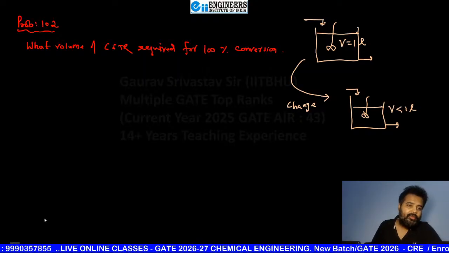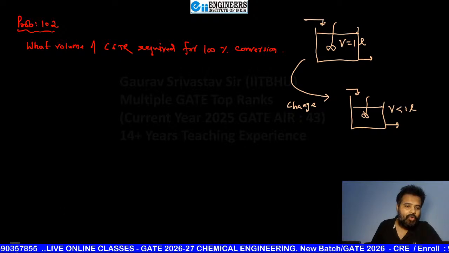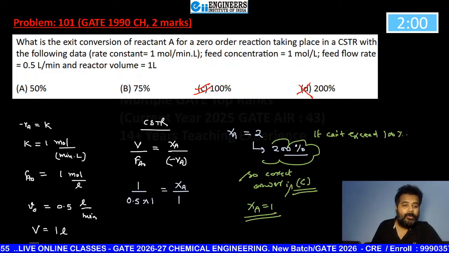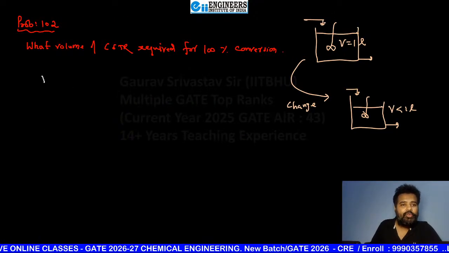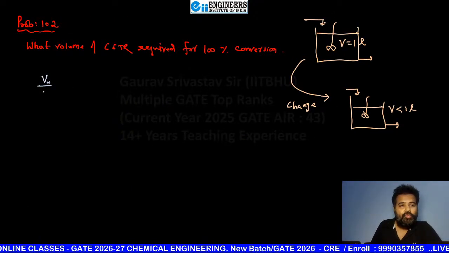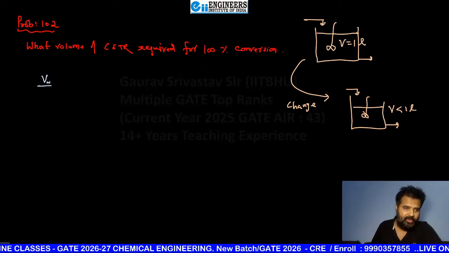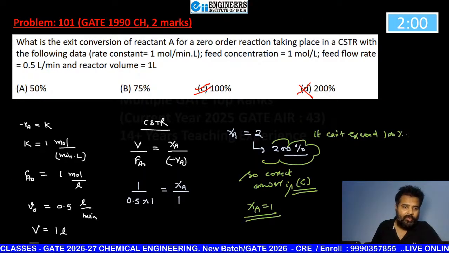How to perform it? So clearly this time again, we write V new by FA naught, and FA naught is V naught C naught, so it's 0.5 into 1.